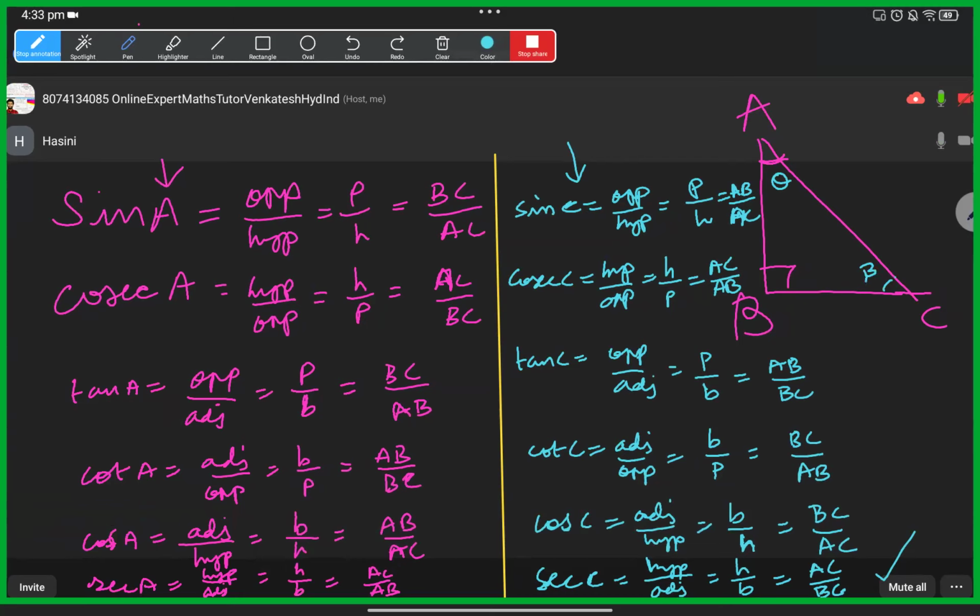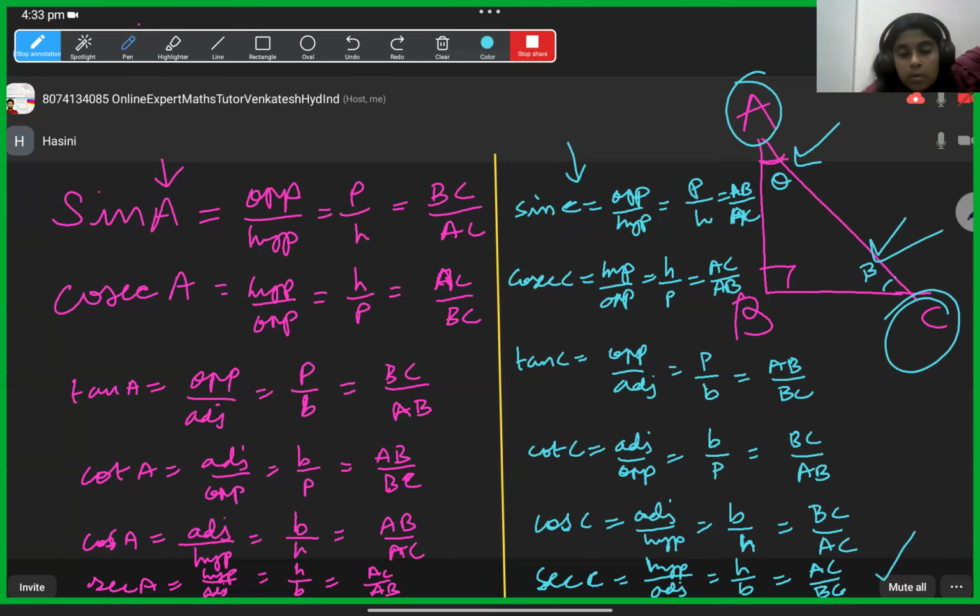As per that, if they say sine theta or sine beta, sine theta means sine A only. So if they particularly mention these, we will take directly sine theta, sine beta like that. If they don't mention anything, whatever vertex is there, we will take sine A, sine C like that.